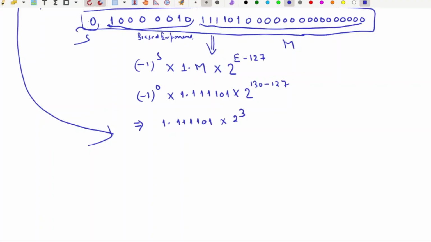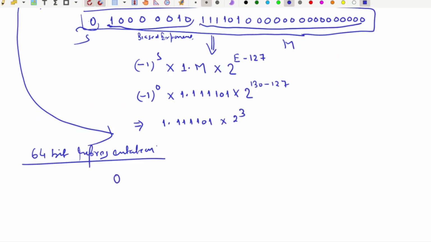Similarly, when we represent the same number using double precision, it is written as a 64-bit representation. In the 64-bit representation, the most significant bit, the 63rd bit, is used for representing the sign bit.